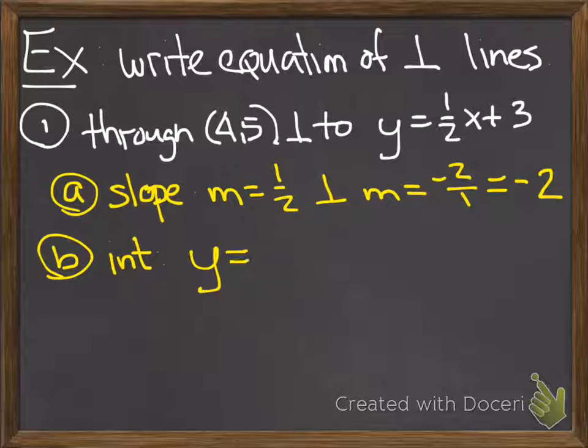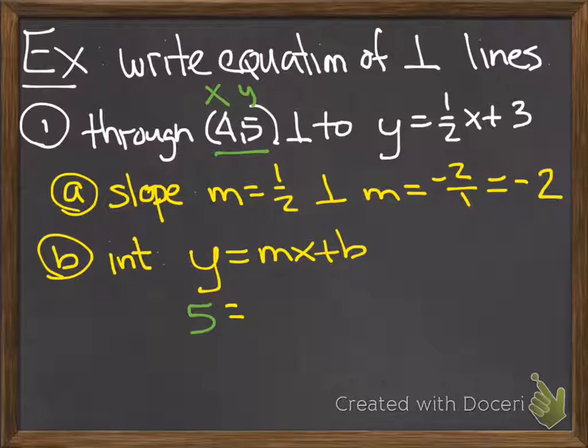Next, we have to find the intercept. So again, we start with slope-intercept form. It passes through (4, 5). That means our y-coordinate is what? If it goes through (4, 5), which one's the y-coordinate? Right. Remember, guys, it's x, y, alphabetical order. So we're going to plug in 5. Our slope is negative 2.